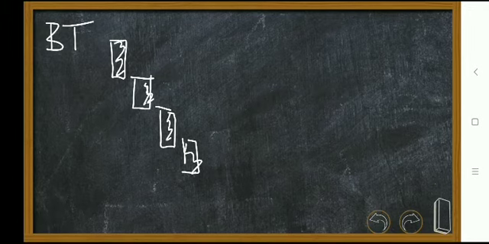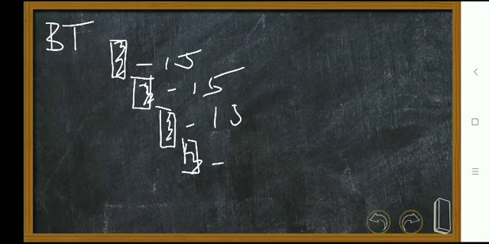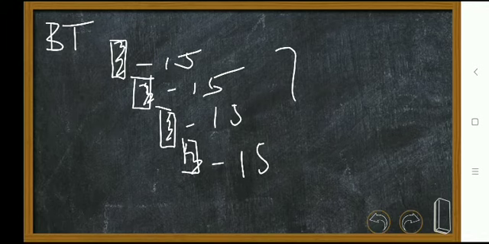What you'll realize is that this is 15 minutes, remember. This is another 15 minutes. This is another 15 minutes. This is another 15 minutes. If you add all these 15 minutes together, they will give you 1 hour.